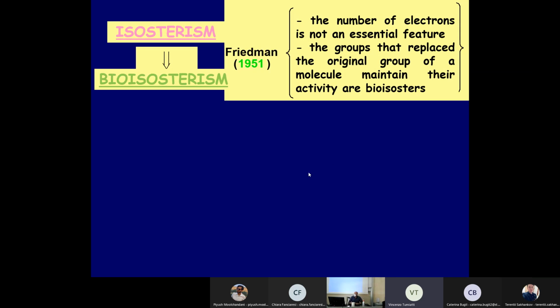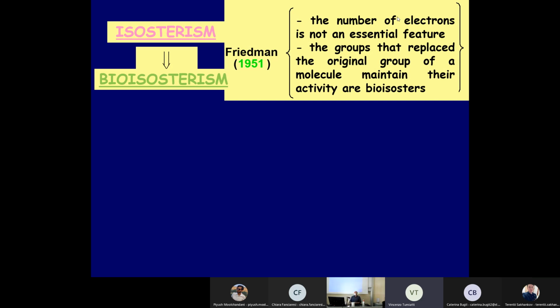In 1951, Friedman developed this concept additionally, deeply, transforming isosterism into bioisosterism.